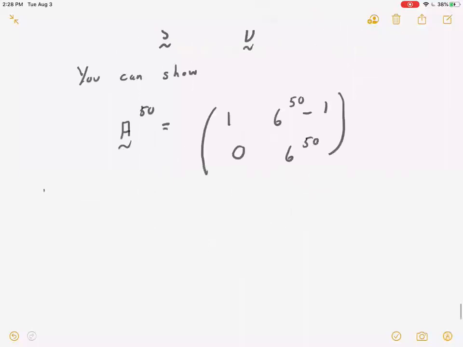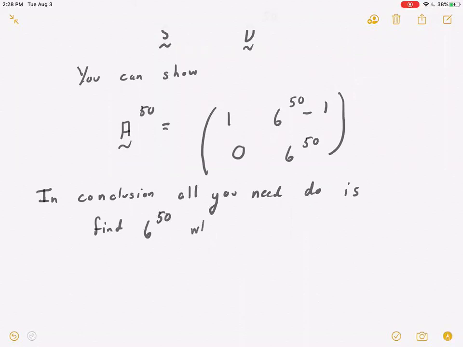So in conclusion, all you need do is find what 6 raised to the 50th power is. Now you can do that by hand.